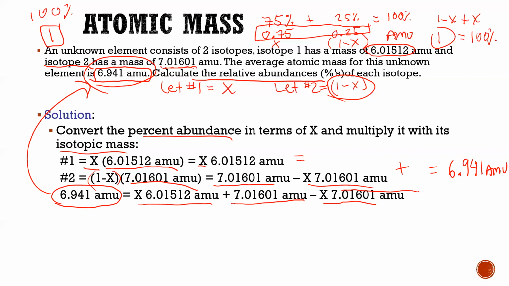I'm going to combine like terms. There's two terms with X's. I'm going to leave them on the right side. So I'm going to get rid of the constant. How do I do that? I'm going to subtract the 7.01601 AMU from both sides. That'll eliminate that. And I'm going to subtract it on this side as well.